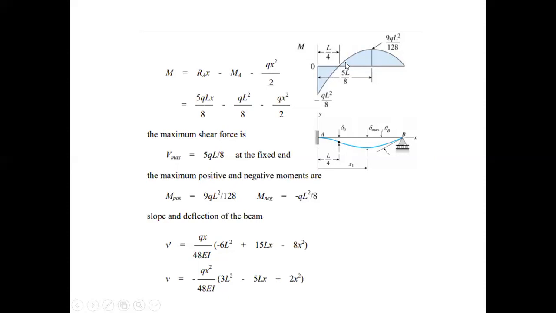When we talk about the positive moment, the highest peak is this point, and here the highest positive moment is 9QL square by 128. When we talk about the negative moment, this is the highest peak, and this gives the value of QL square by 8.